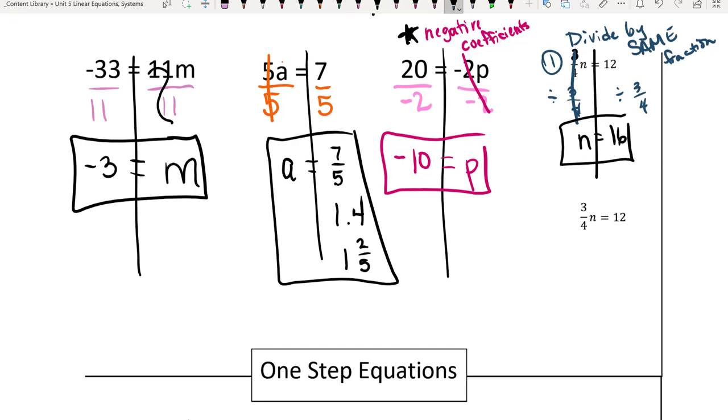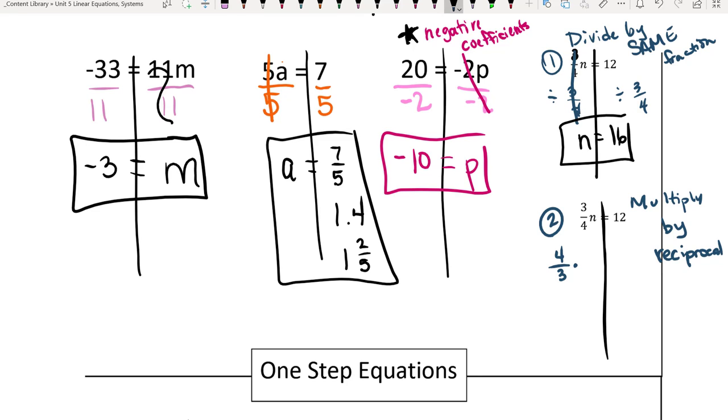Now, dividing by one fraction is the same thing as multiplying by the reciprocal, which is the multiplicative inverse. So the multiplicative inverse of 3/4, or the reciprocal of 3/4, is 4/3.